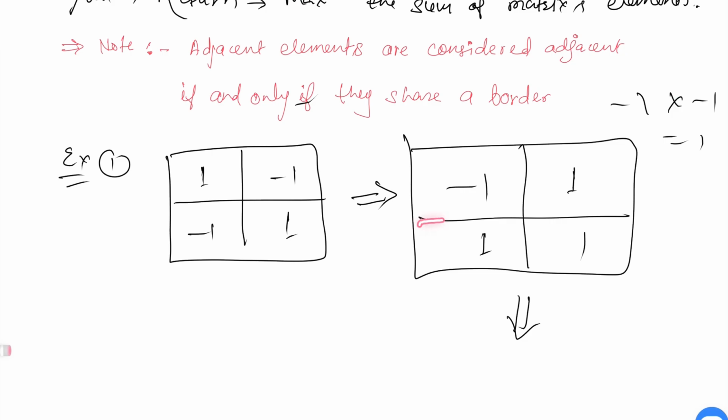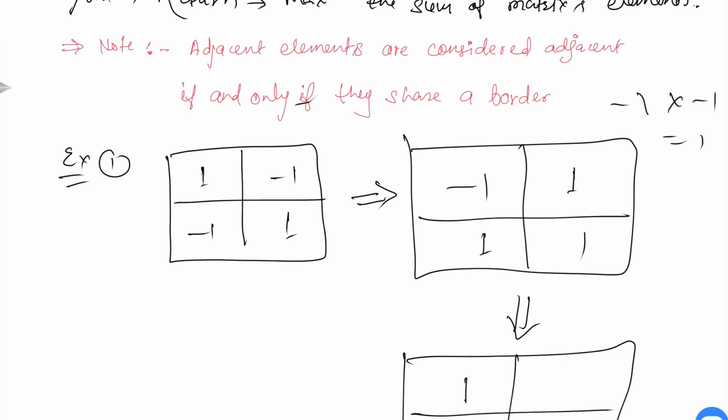Can I choose these two as adjacent? They share this border, so these two elements get multiplied. Let's talk about the new matrix: -1 becomes 1, 1 becomes -1, and the remaining 1 and 1 will be there.